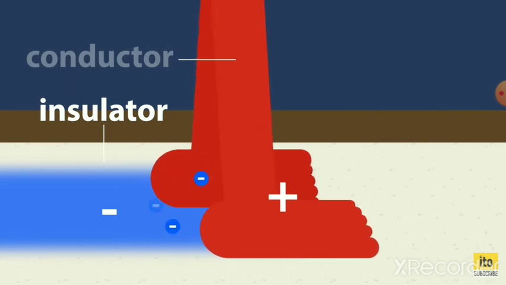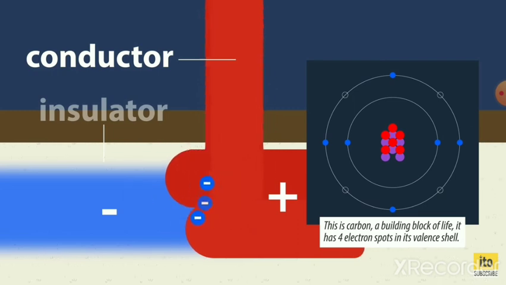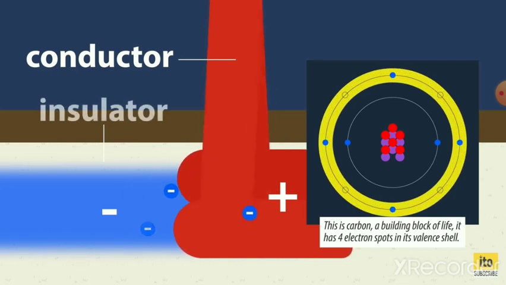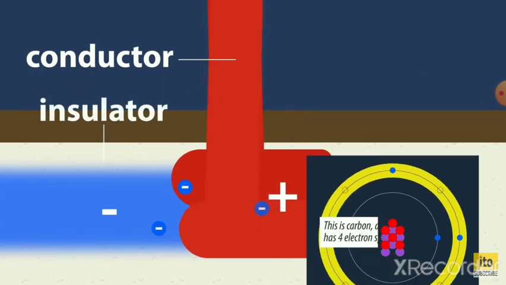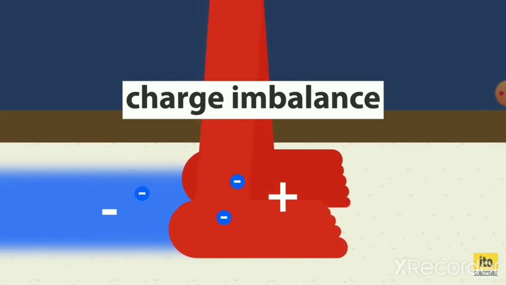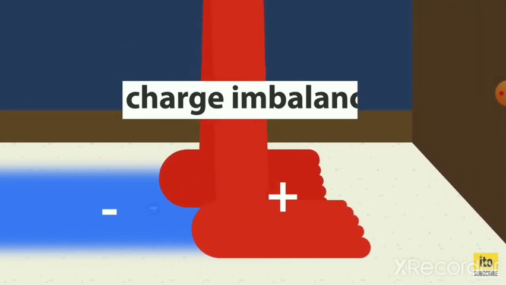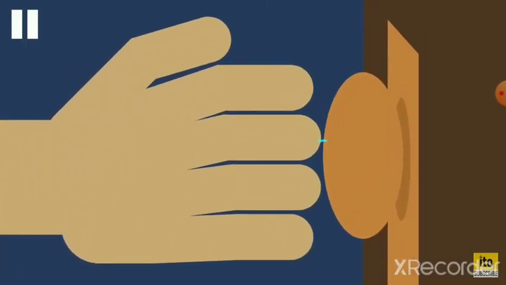However, your body is a conductor. Conductors have loosely bound valence electrons which are easily transferred or lost, in this case from your body to the area of the carpet where you're shuffling. Instead of you and the carpet having a neutral charge, a charge imbalance is being created between you and the carpet. Now, when you touch a metal object, for instance a doorknob, you get zapped.